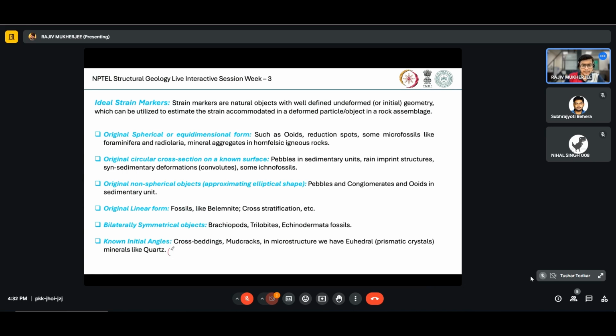So we look for SPO, which is also known as shape preferred orientation, and we also look for CPO, which is crystallographic preferred orientation.